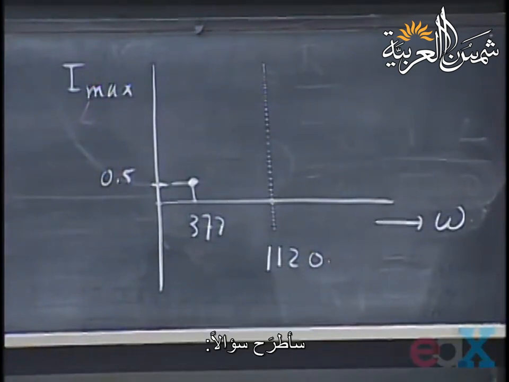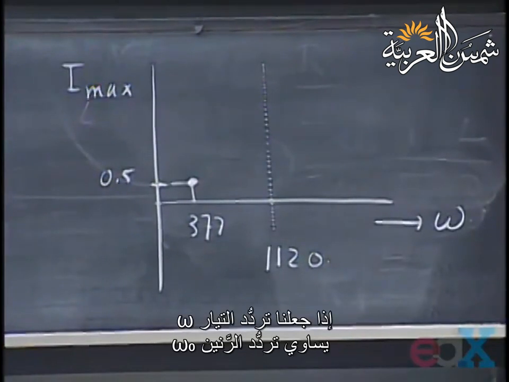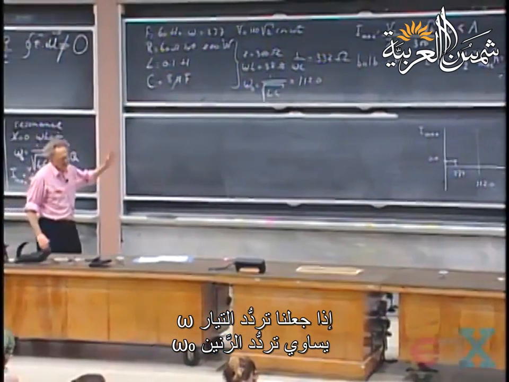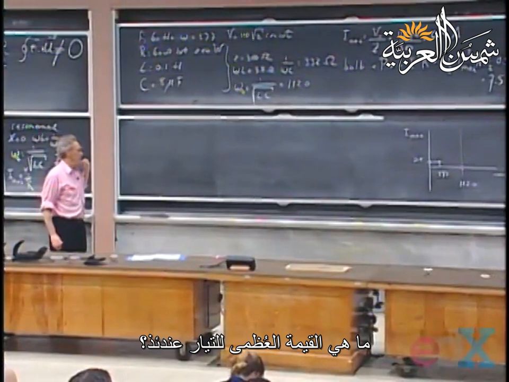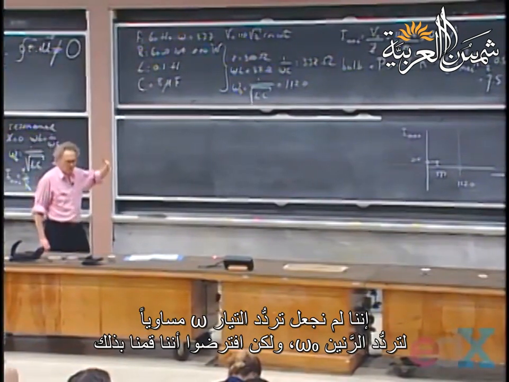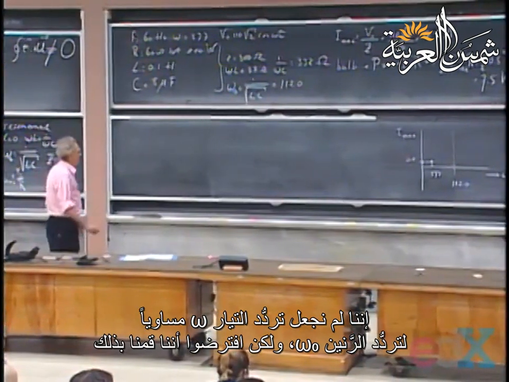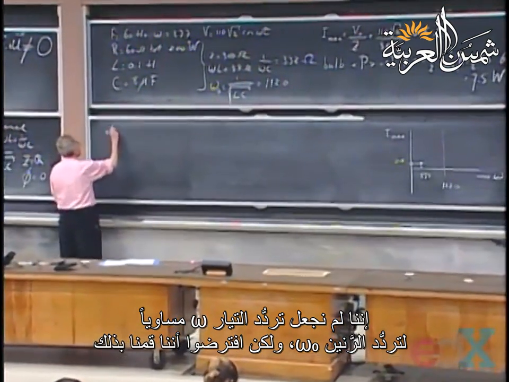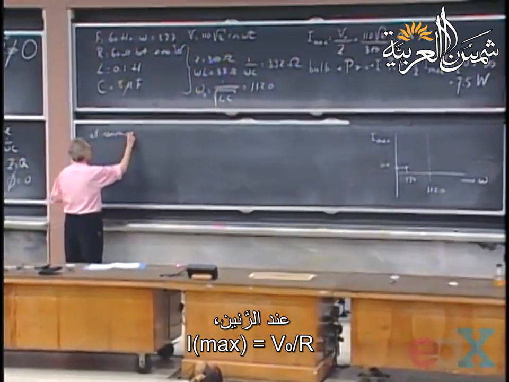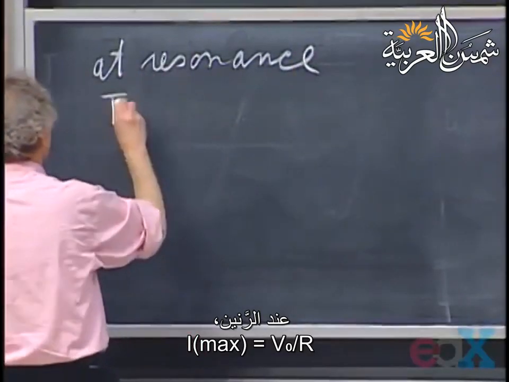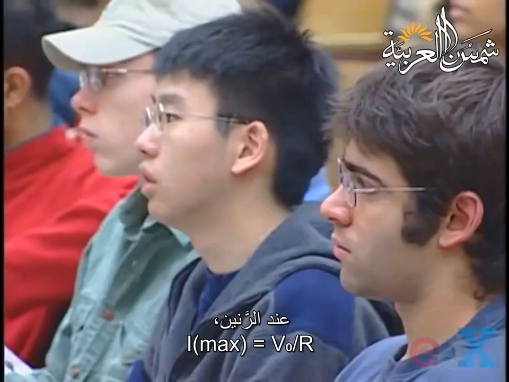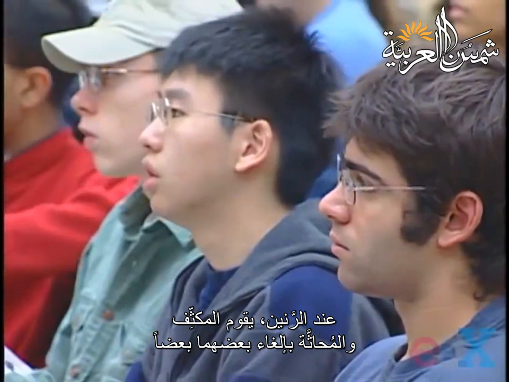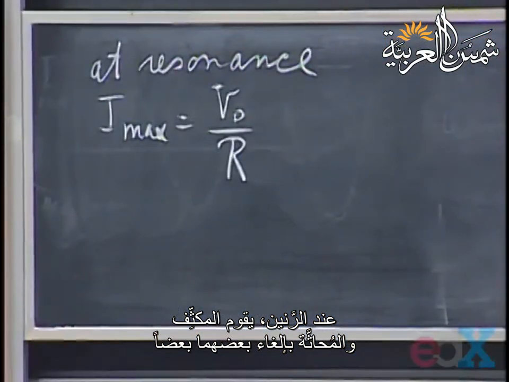I can now ask the question, if we drive the system at resonance, what then would have been the maximum current? We're not driving it at resonance, but suppose we had driven it at resonance. Well, at resonance, I max is V0 divided by R. There is no self-inductor, and there is no capacitance at resonance.